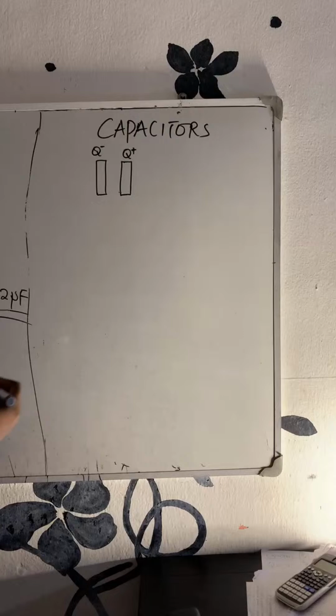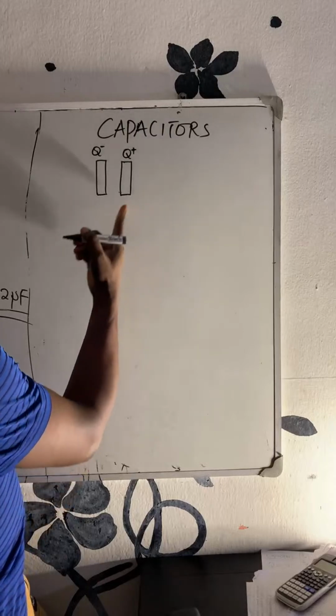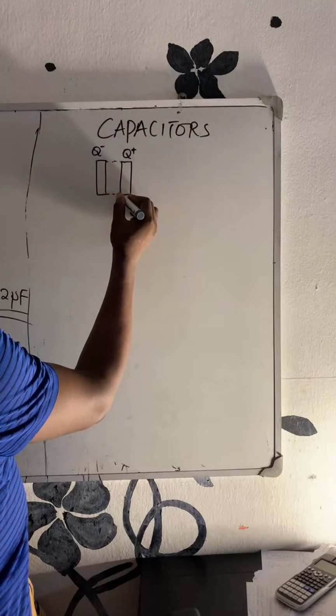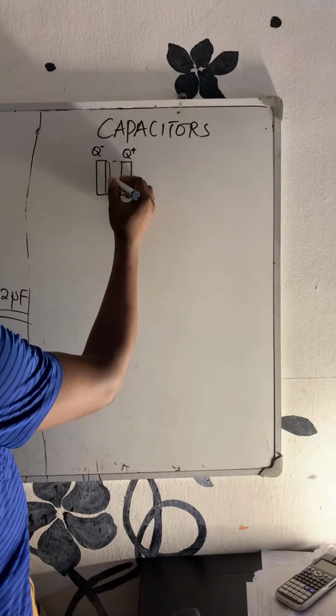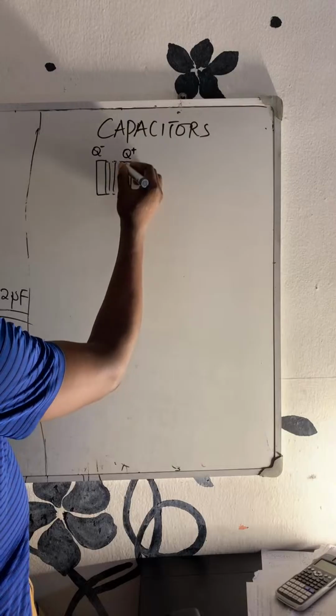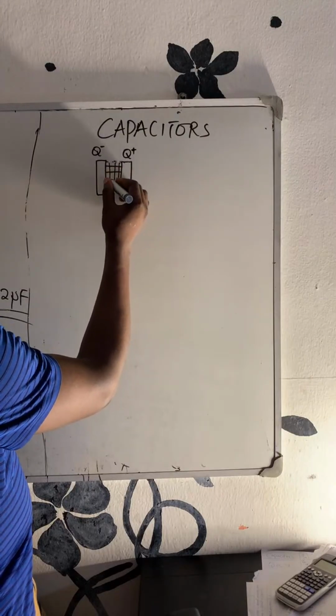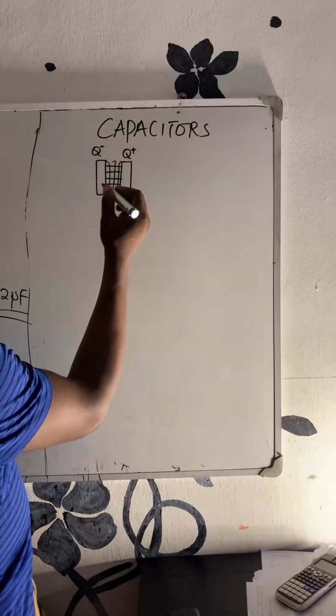That is how a capacitor is arranged, two parallel plates. This gap is what we call the dielectric, which can be paper, mica, or anything.